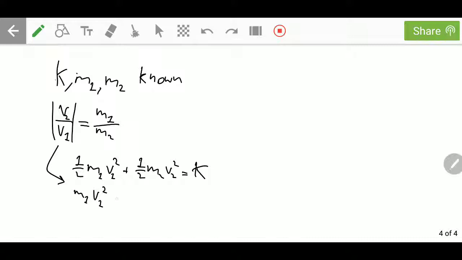M1 V1 squared plus M1 V1 squared times M1 over M2, because V2 is negative V1 times M1 over M2, and so V2 squared will be V1 squared times M1 squared over M2 squared.